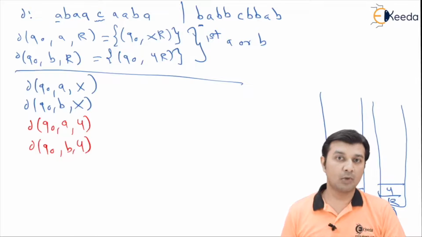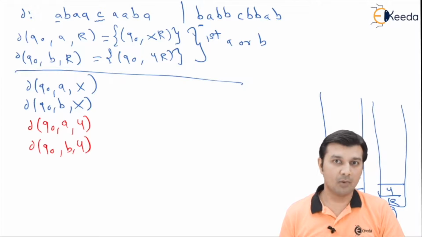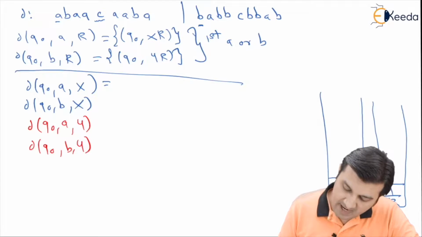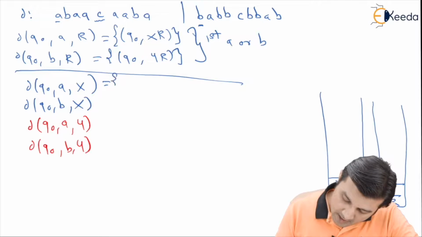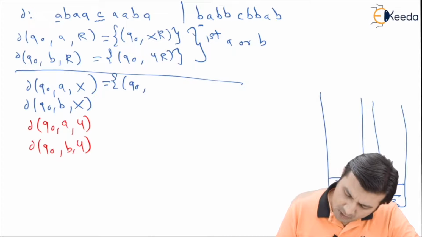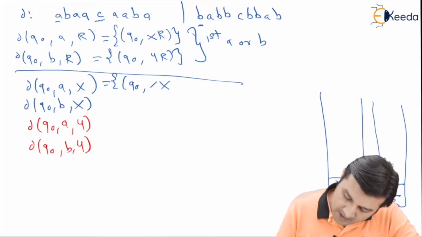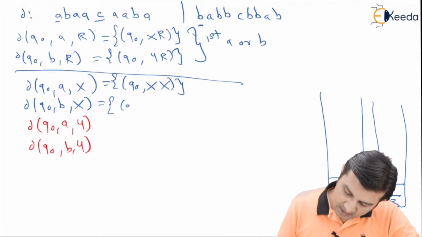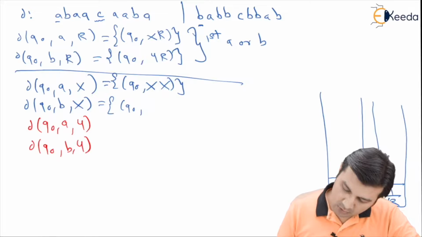What is going to happen in all the cases? We are going to jot it down now. So now what is going to happen if I have an X and A comes over here? I simply say push operation was going on, let that be going on, and above this X push one more X. In this case, remain in state Q0.